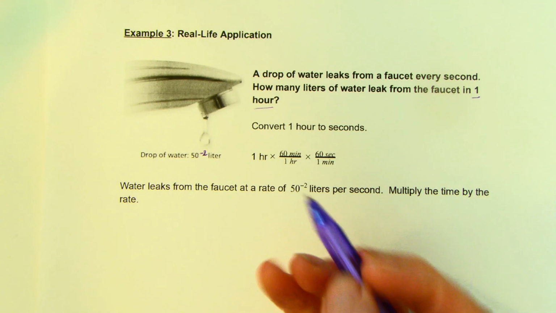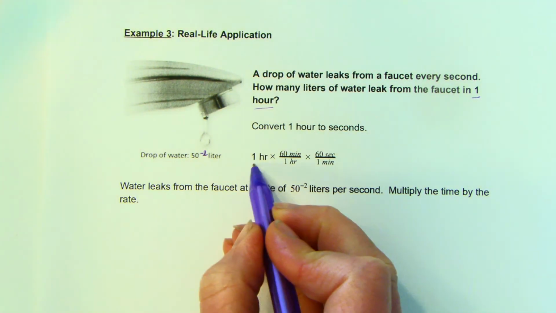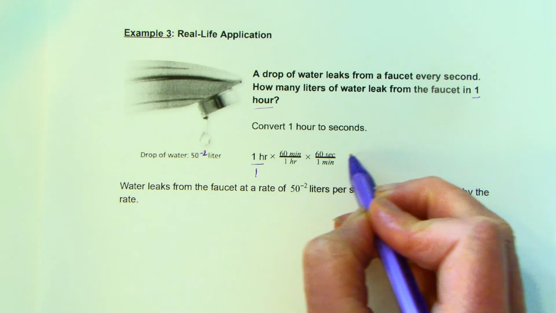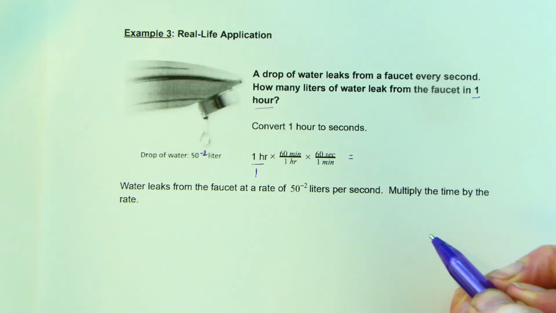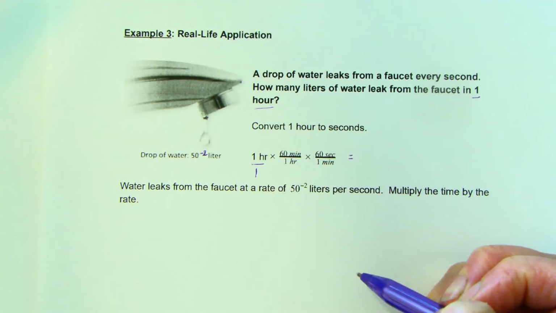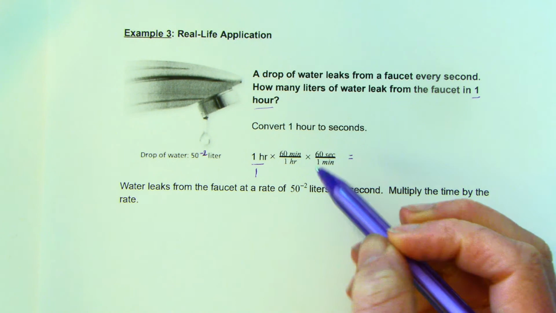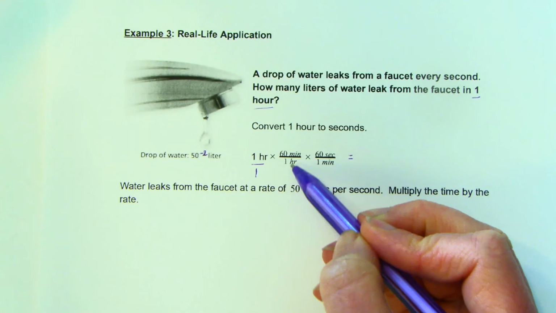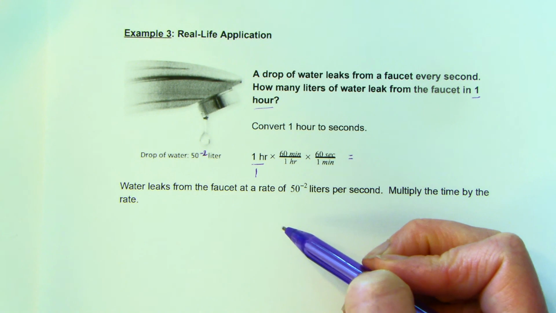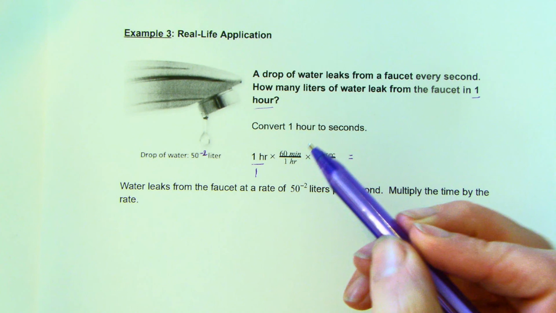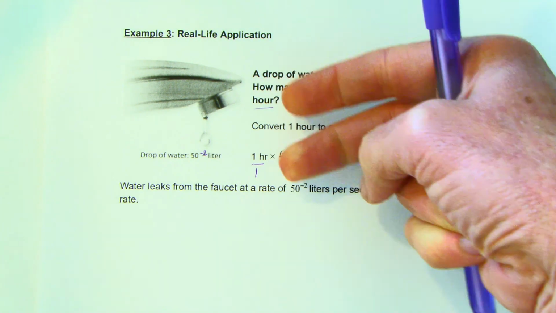And you start out with the hour that you have, and you want to move towards seconds. So we want the hours to cancel out and just leave you with seconds at the end. So I know that to get from hours to seconds, I'm going to go through minutes, and I know that I have 60 minutes in an hour. You could also write 1 hour is equal to 60 minutes, so you could have the flip.